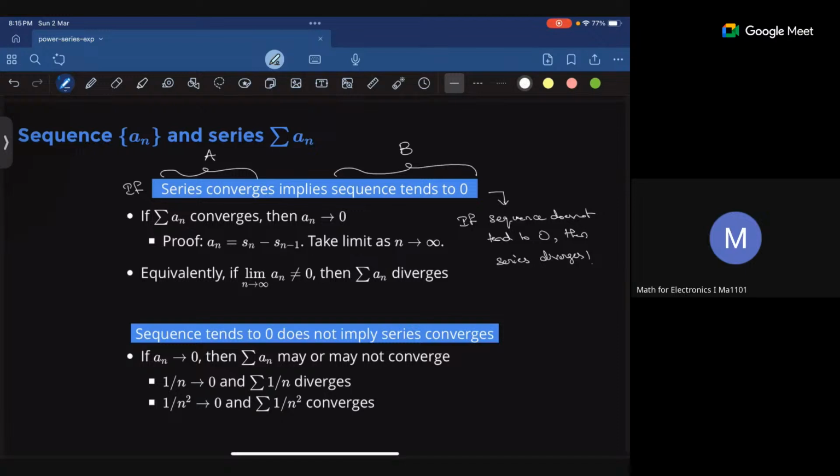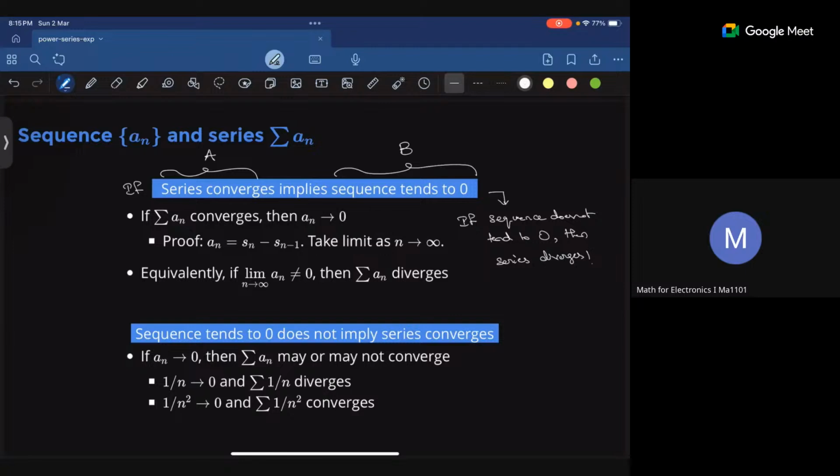Then it is same as if the road is not wet, then it is not raining, right? So both are true in some sense. And in our example, like as we are all students, if you study hard, then you will pass the exam. If you do not pass the exam, then what does it imply? You did not study hard, right?